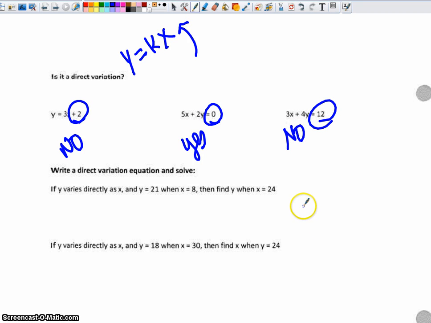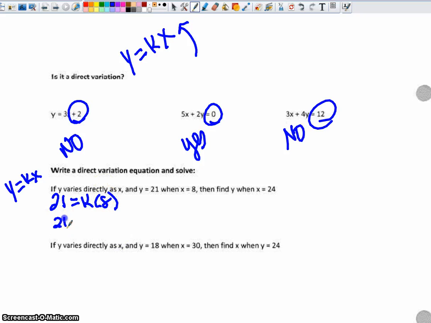I don't even have to worry about getting y by itself on this because I can tell just looking at the number. And then what we did yesterday was you would start by putting it into your formula to figure out what your constant of variation is. So we're going to say 21 is equal to k times 8.